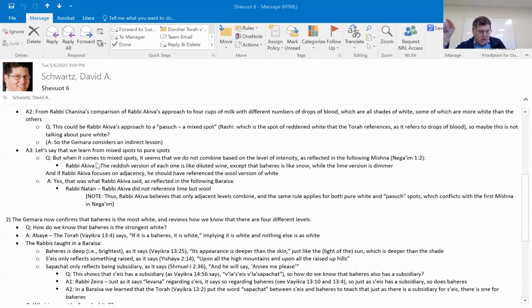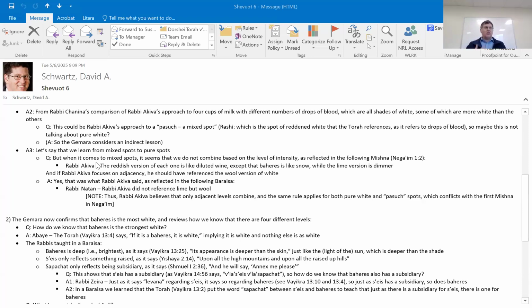Rabbi Nassan says regarding Rabbi Akiva's statement in the second Mishnah in Maseches Nagayim, Lo Shama Rabbi Akiva shel sid deha hemena. Rabbi Akiva did not say that he was referring to the lime color, but rather Ela shel tsemer deha hemena. He was referring to the wool color, because he combines 1 with 2, 2 with 3, 3 with 4. And so as a result, we've now answered the question.